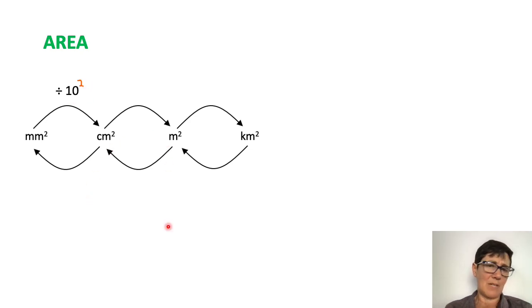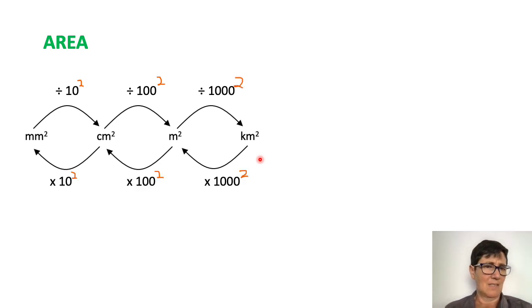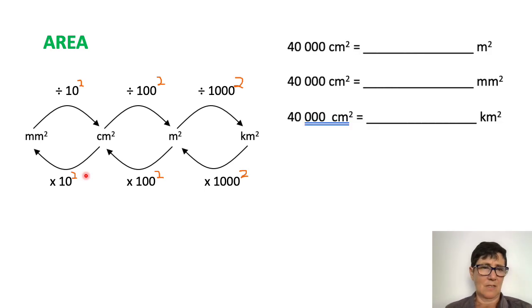Centimetres to metres squared, dividing by 100 again, but squared. Metres squared to kilometres squared, dividing by 1,000 squared. And the same on the way back. So when you see the squared, you just put the square there. Or you can do it twice. It's up to you.